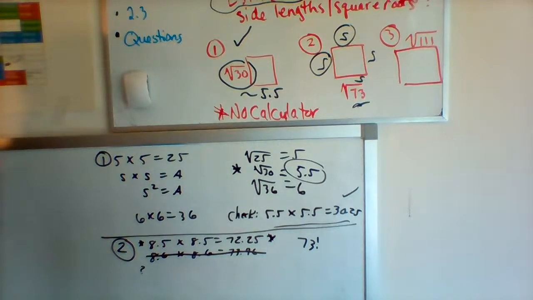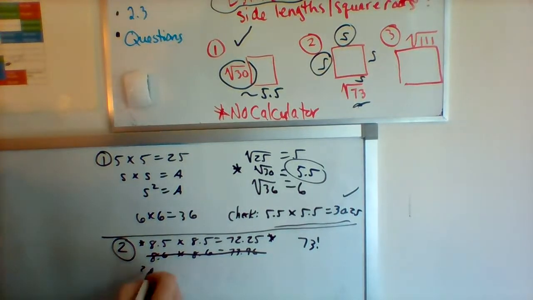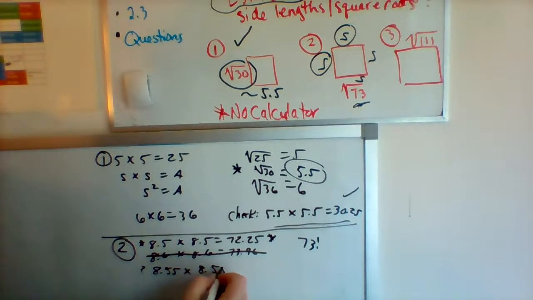Is there a possible way that we could do 8.55? That's exactly what I was thinking. So yeah, let's do it. Let's test it out. What would we get?